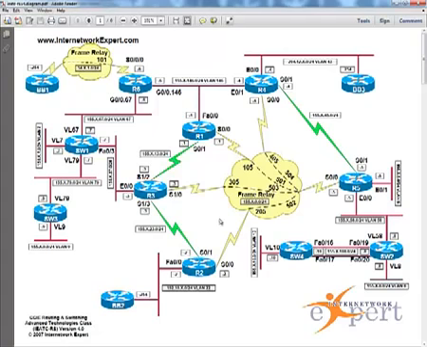MPLS is the new rave, and then Metro Ethernet. So anybody that works in a service provider setting or anything like that, you're going to see those. In my current position as a network, I work in network support.